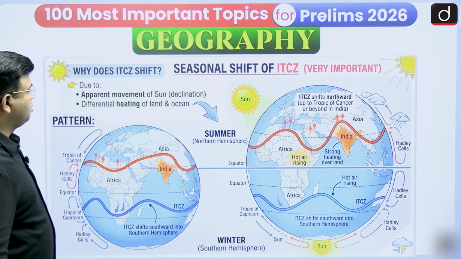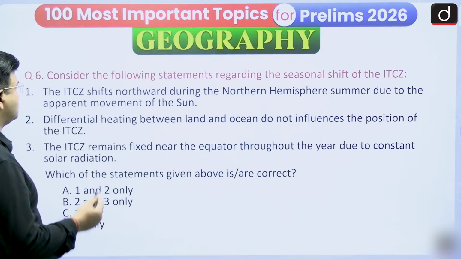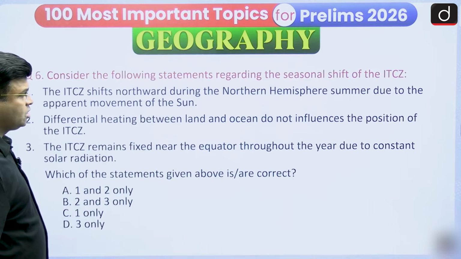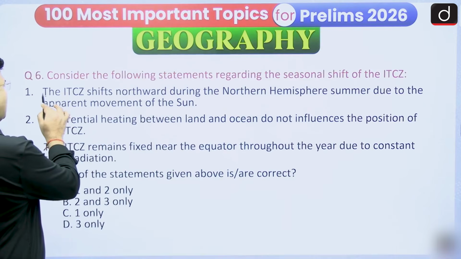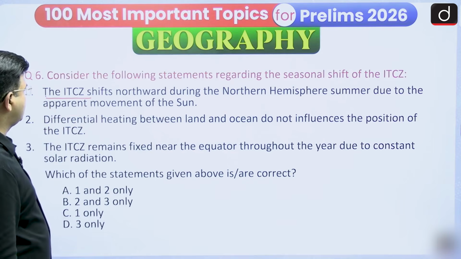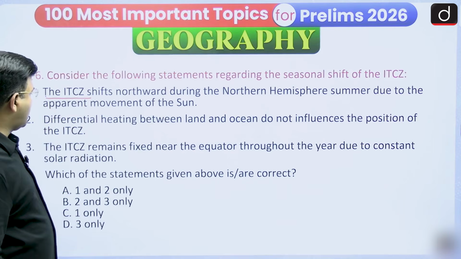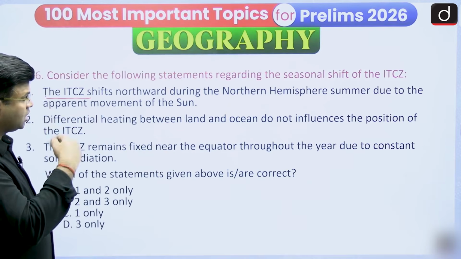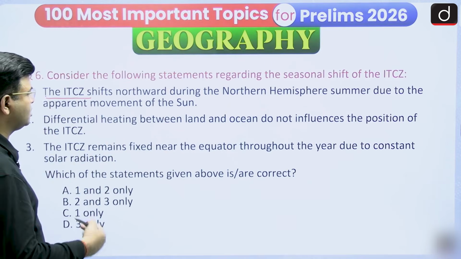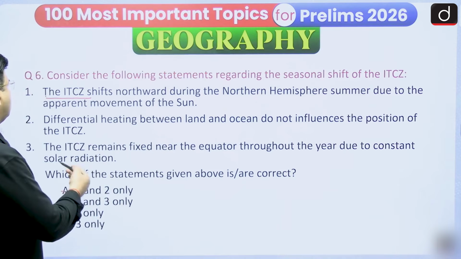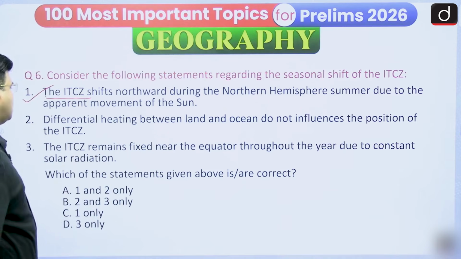Another one that we can see: consider the following statements regarding the seasonal shift of ITCZ. The first statement says the ITCZ shifts northward during the northern hemisphere summer due to the apparent movement of the sun. Yes, when the sun apparently moves in the northern hemisphere, the ITCZ also shifts. This statement is correct.